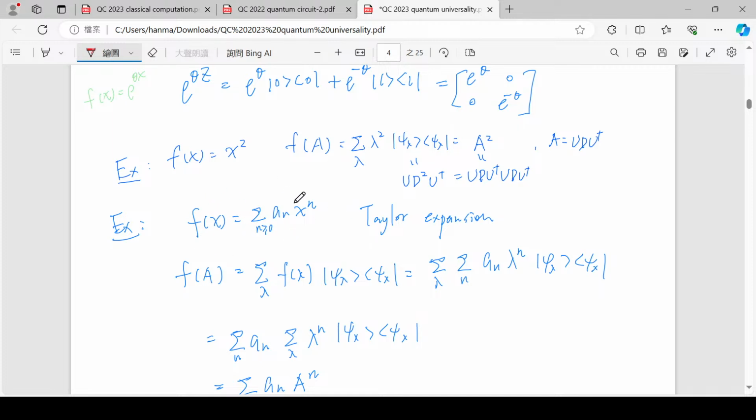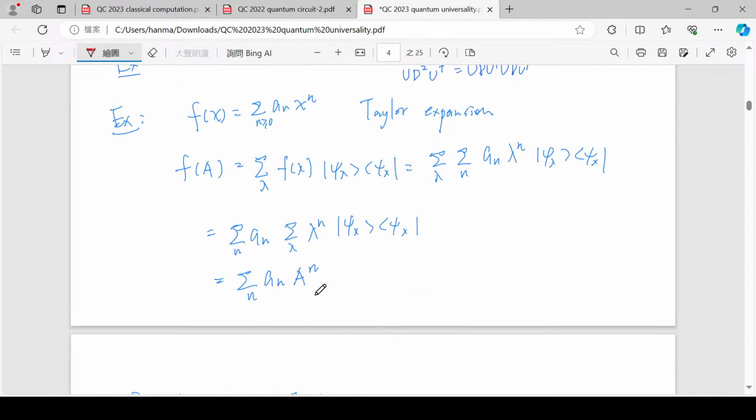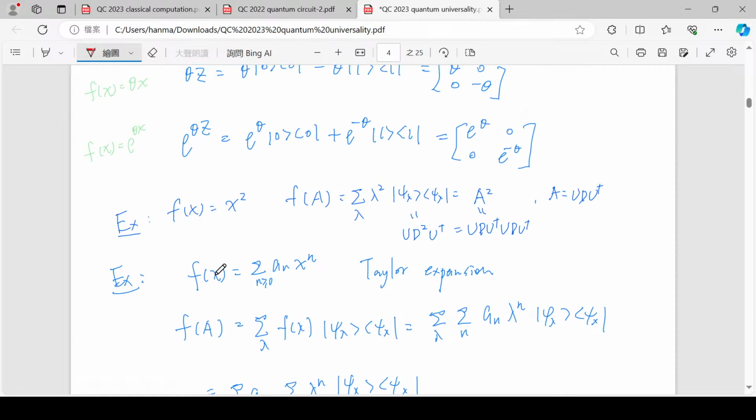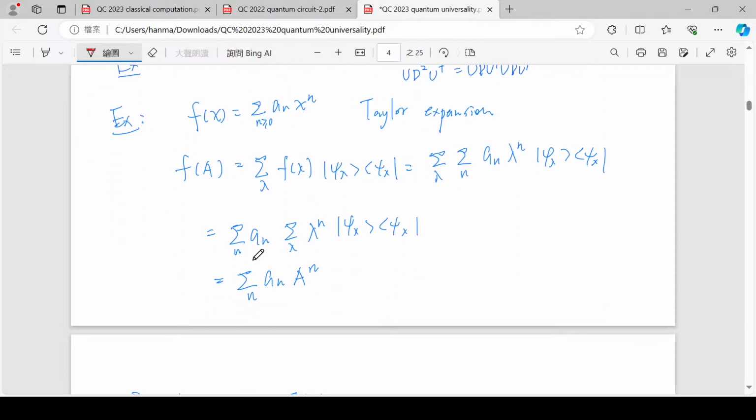So if f is a polynomial, the summation of a_n x^n, then f of A is the same polynomial of A, the summation of a_n A^n. So this works for any polynomial.